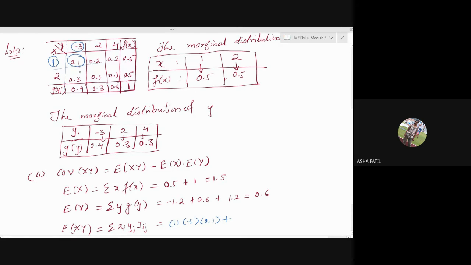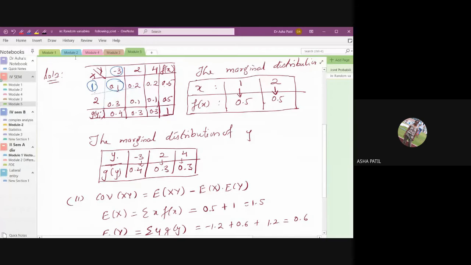Then again, what will you write? xi, yj into pij. Again, you have to go on adding each of the terms. 1 into 2 into 0.2, 1 into minus 2 into 0. Yes. 1 into this value now. Again, xi, yj into this value pij.